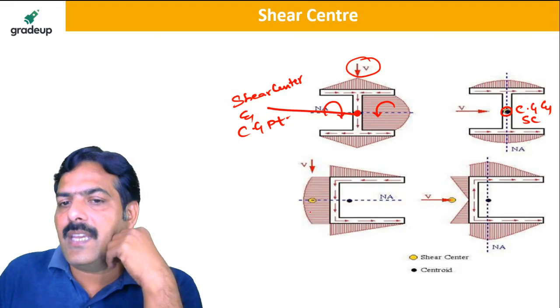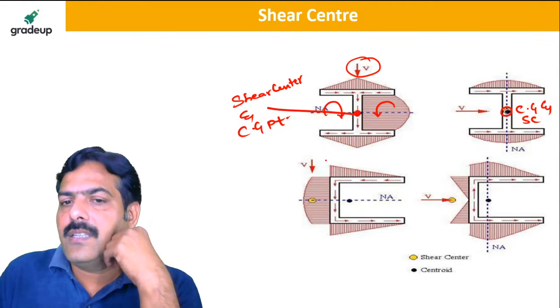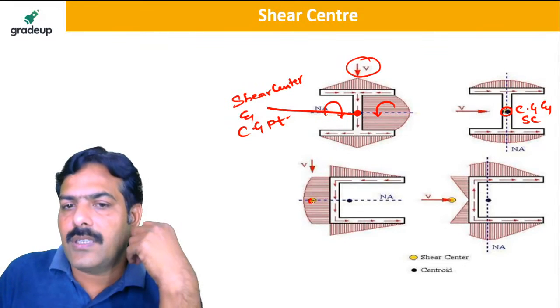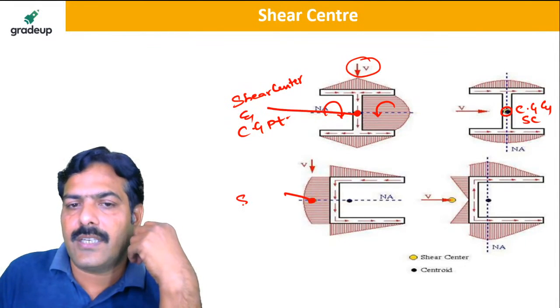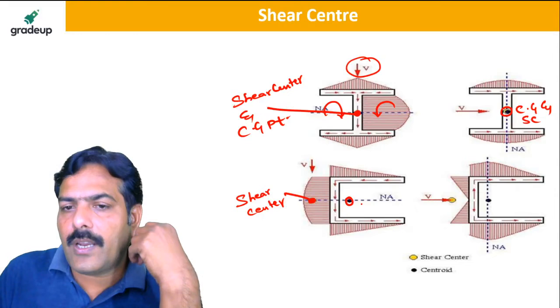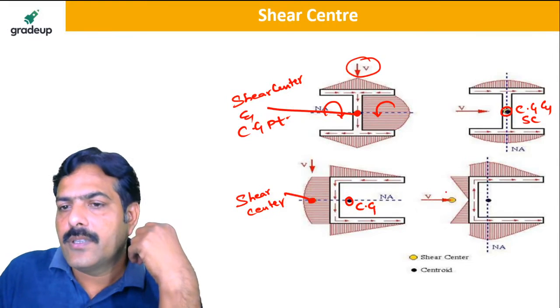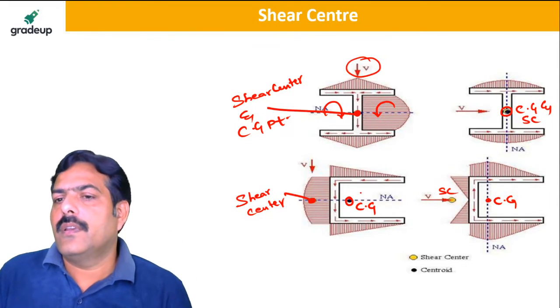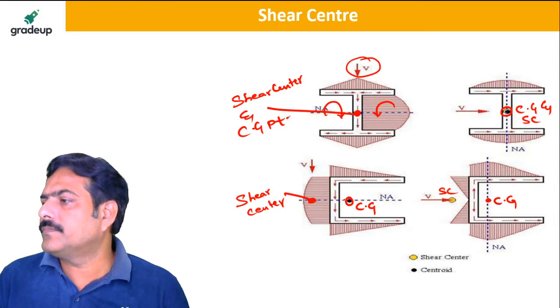But when it is an unsymmetrical C channel, this point, where you apply the load, is called the shear center, and this point is called the center of gravity. Is it clear now?